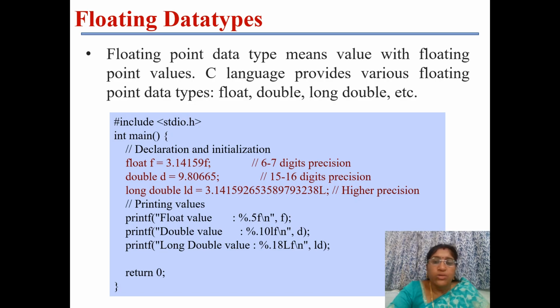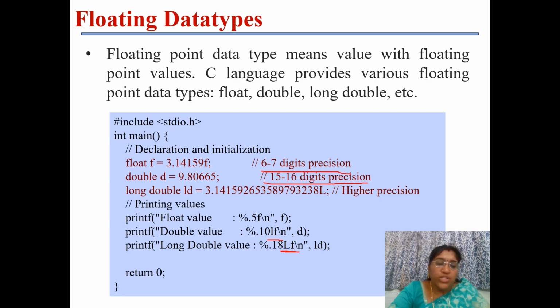Float is used for 6 to 7 digit precision, and double is used for 15 to 16 digit precision. Long double indicates higher precision, around 16 digits. To print a float value, %f is used; %lf is used for a double value, and to print a long double value, it's %Lf.